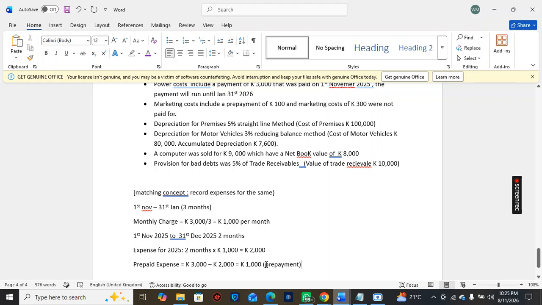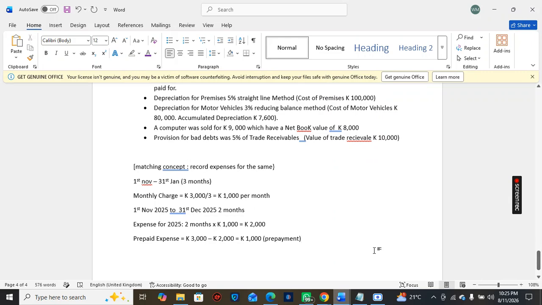Once you have found the prepayment, remember this rule: prepayments subtract from the expense, from the individual expense, and include it as a current asset in the balance sheet.